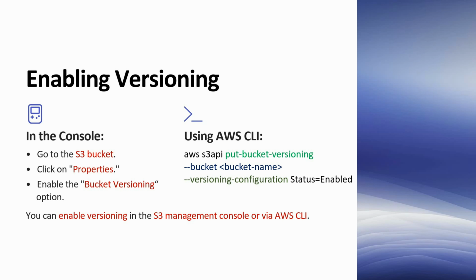You can enable versioning using the AWS console or using the AWS CLI. If you are using the AWS CLI, then you have to use this command. If you are using the AWS console, then go to the S3 bucket, click on properties, then enable the bucket versioning option. We will see how to do that. Here you can see the bucket.